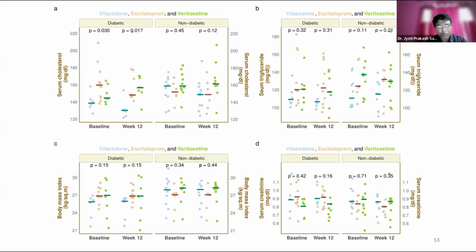This is a jitter plot along with the median. Again, the grid values, A, B, C, D, four plots have been passed for the same study.